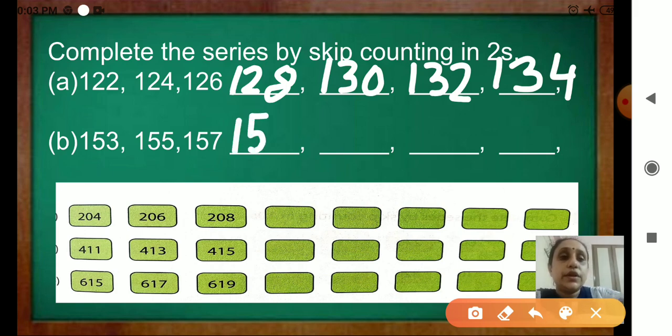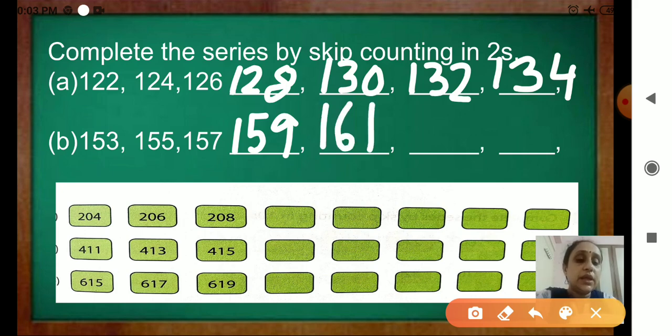Write down 159. Then after 159, count 160, 161. Like this you will go on counting, so it will be correct. Then 161, 162, 163.